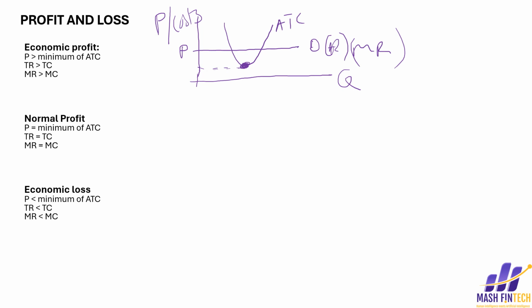We have the difference here being our profit. If the price and the minimum point of the average total cost curve are the same, let's say the minimum point is here, and this is our average total cost curve.